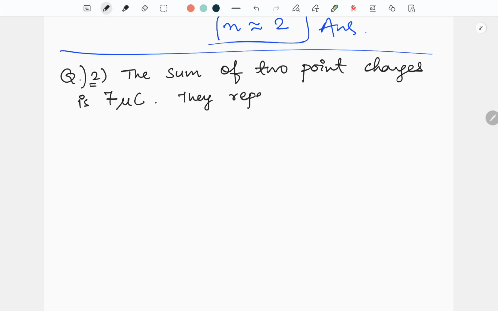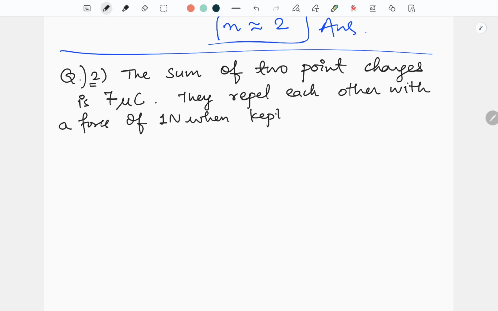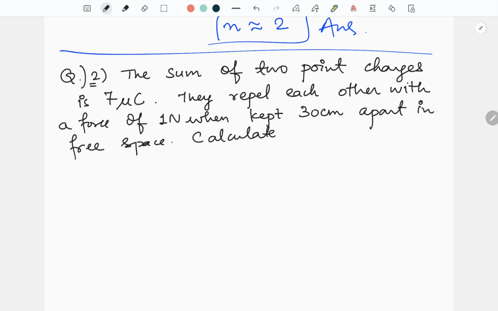They repel each other with a force of 1 Newton when kept 30 centimeter apart in free space. Calculate the value of each charge.